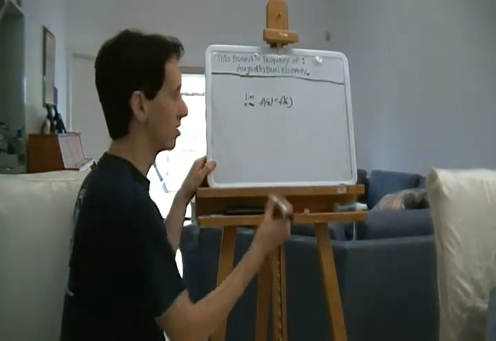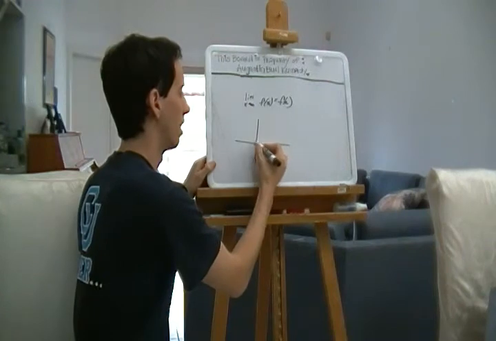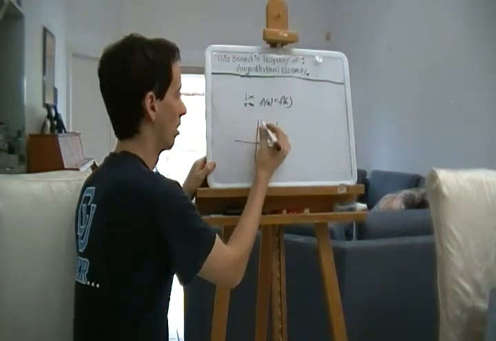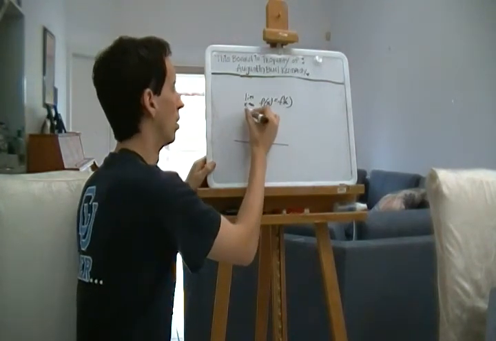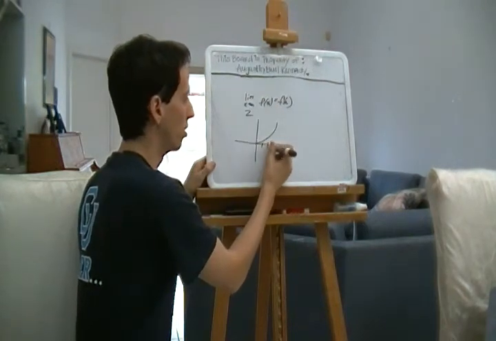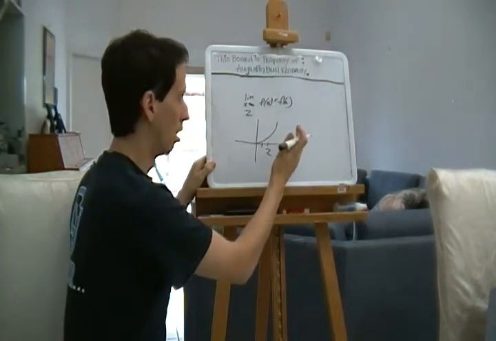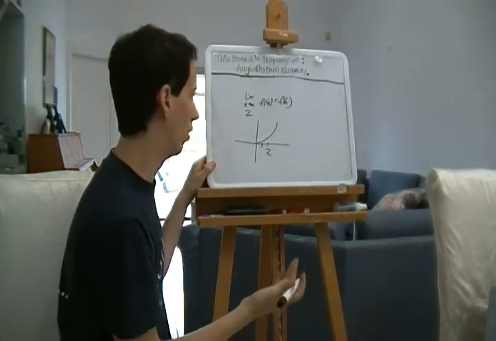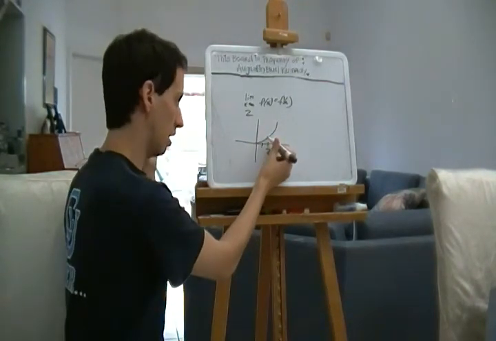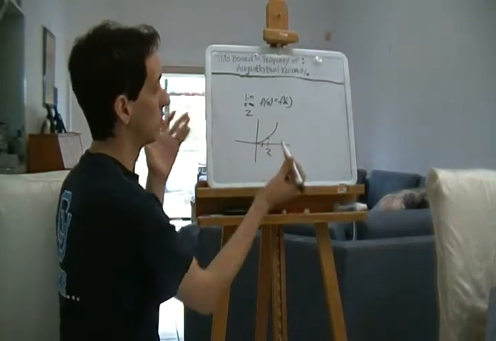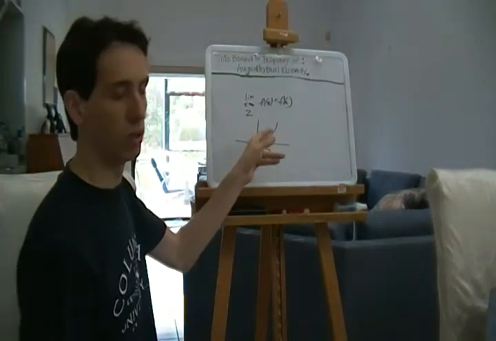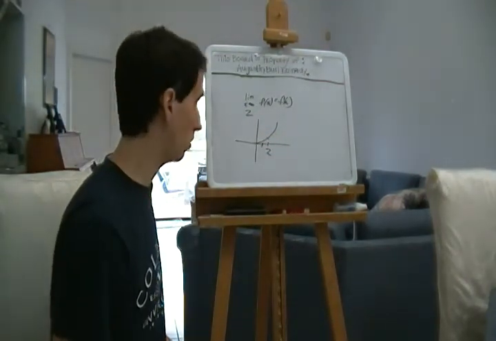What that means is that if x equals 2 and 2 is in the domain and it's defined, then the limit is going to be exactly f of a.